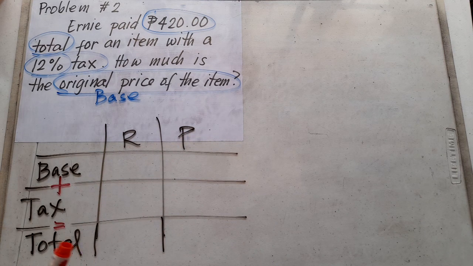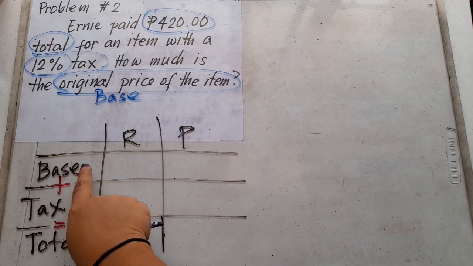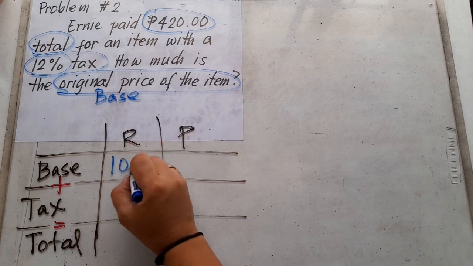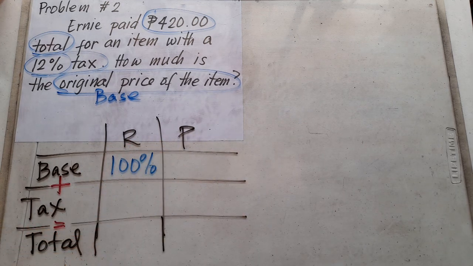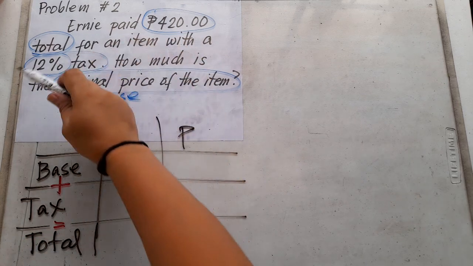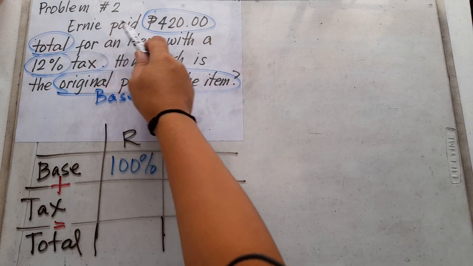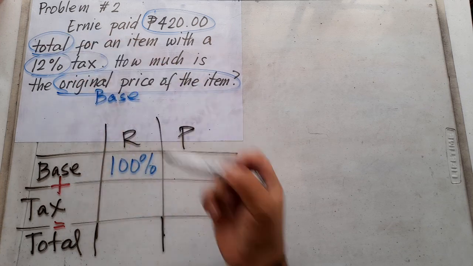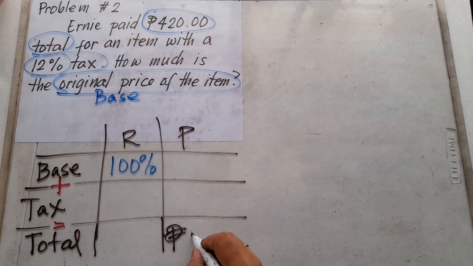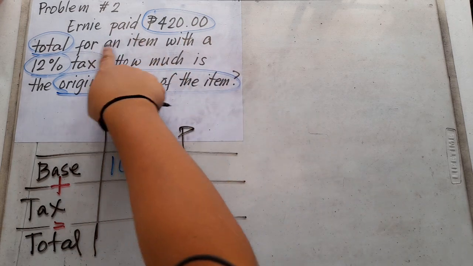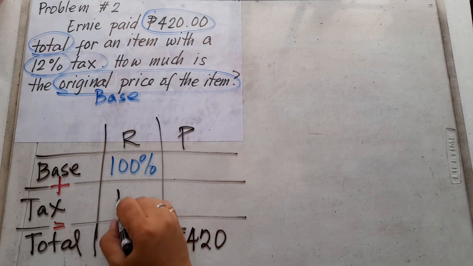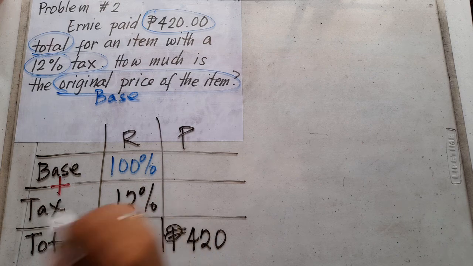Now, let's fill in. Again, base rate is always 100%. Then, we fill in the table. Ernie paid 420 pesos total, so dito siya, 420. For an item with a 12% tax. This is 12% tax.